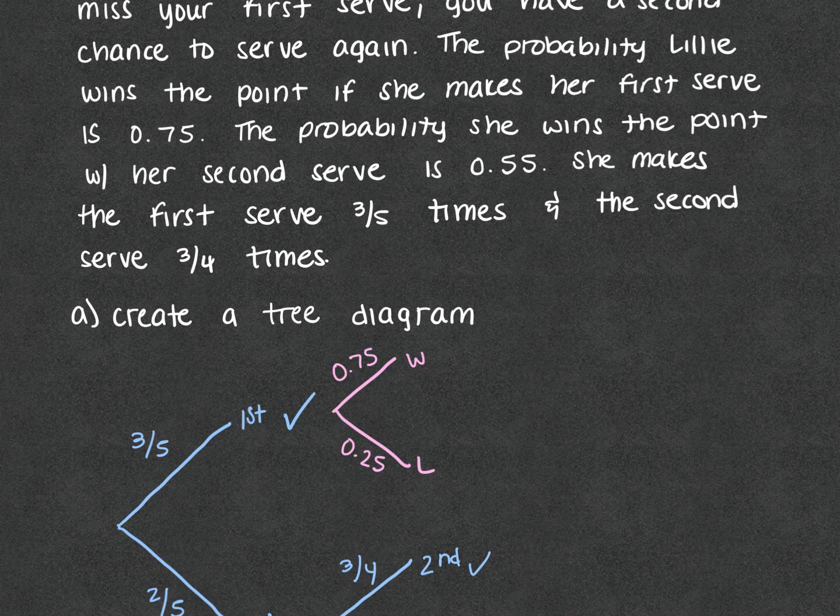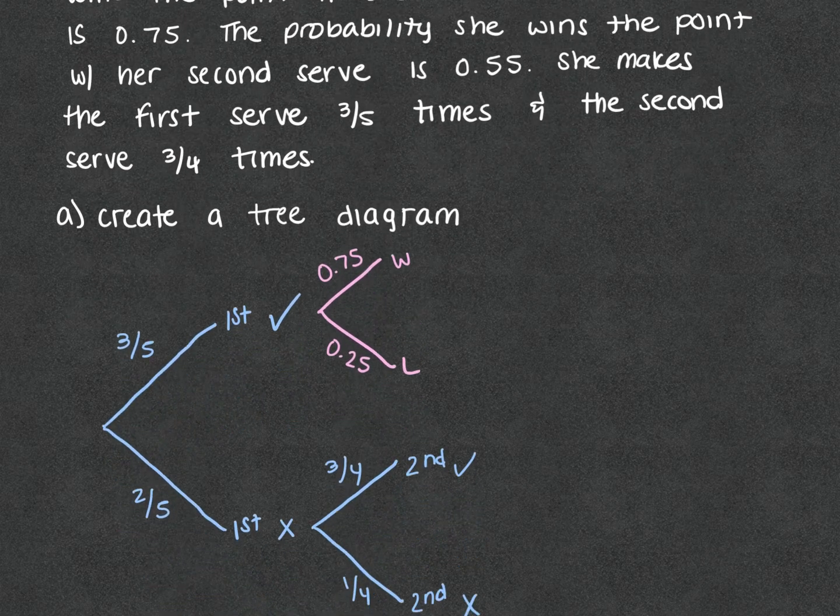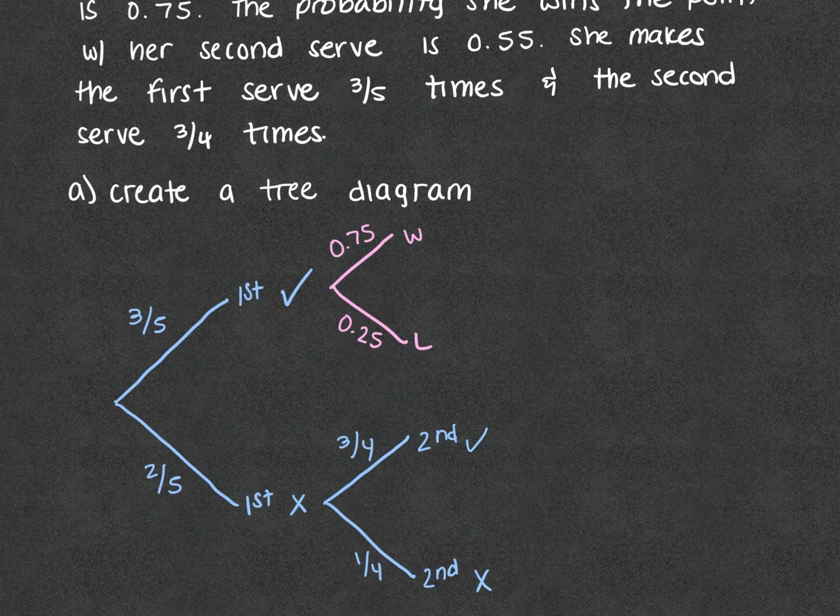Okay? All right. And then it says if she makes her second serve, which happened over here, the probability that she would win is 0.55, which would mean the probability that she loses is 0.45. Okay, again, those should add up to 1 total. That's how I'm getting the losing number.